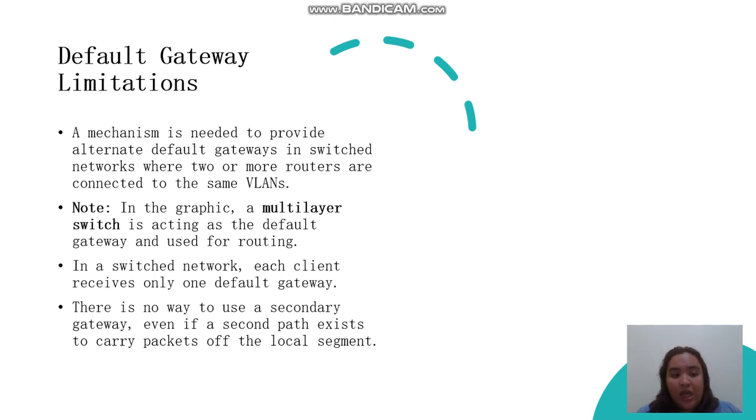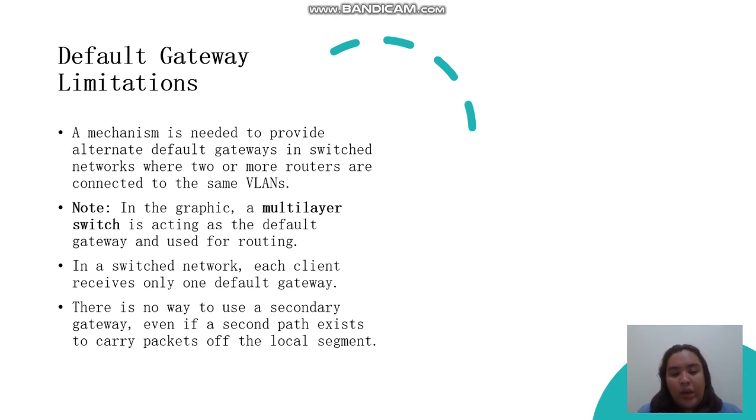These are the limitations. A mechanism is needed to provide alternate default gateways in a switch network where two or more routers are connected to the same VLANs. In the graphic, a multilayer switch is acting as a default gateway and used for routing. In a switch network, each client receives only one default gateway.